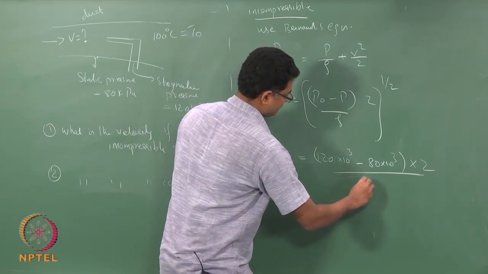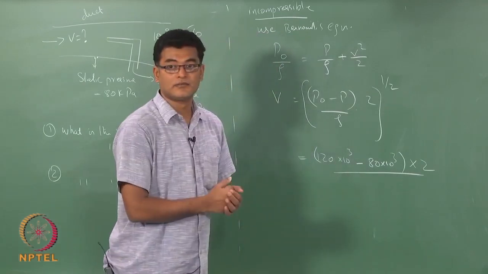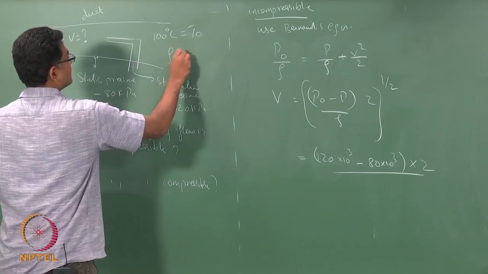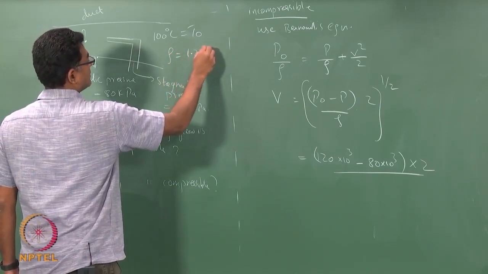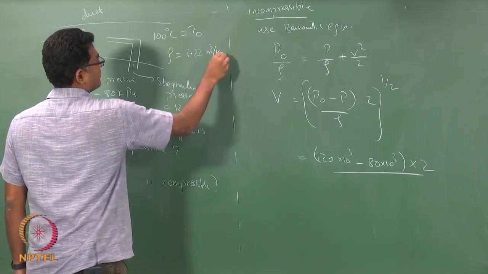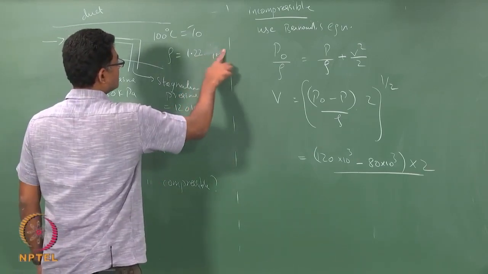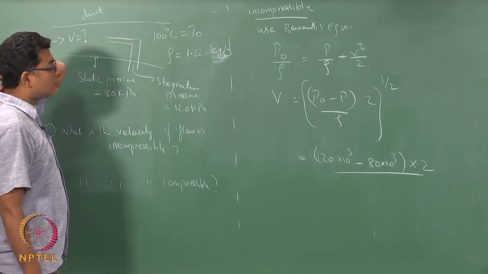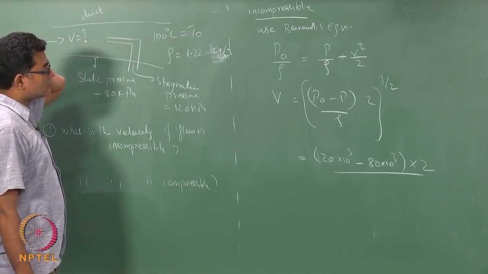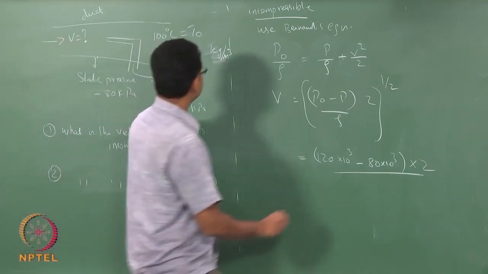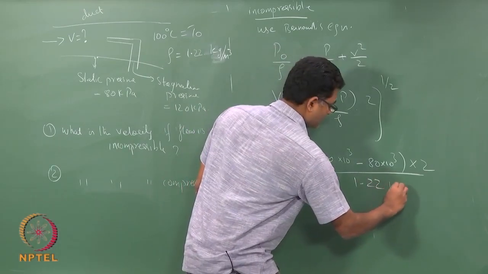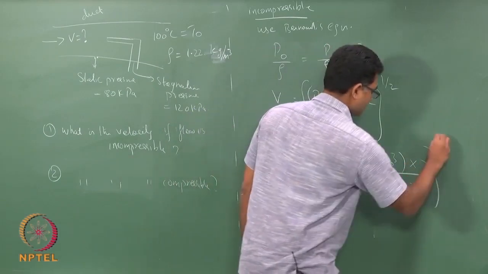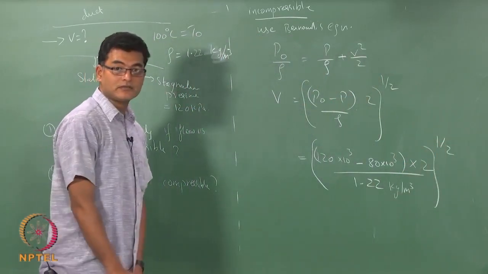So, density is, okay, 1 point something. If density is not given, you can calculate the density here.